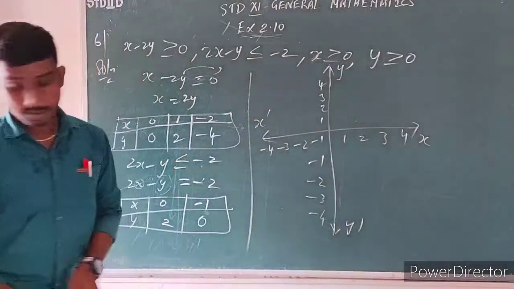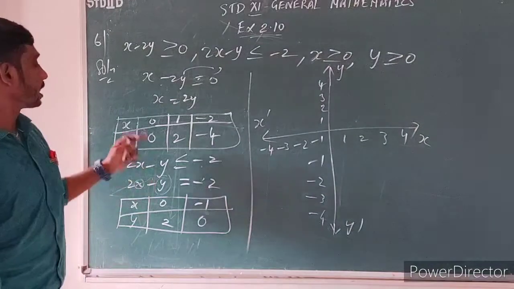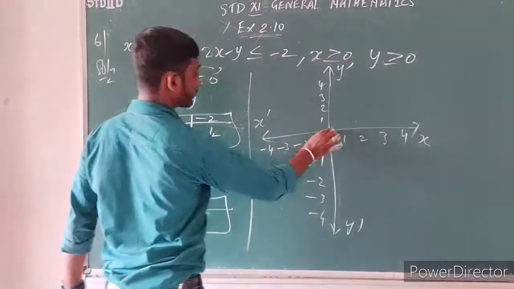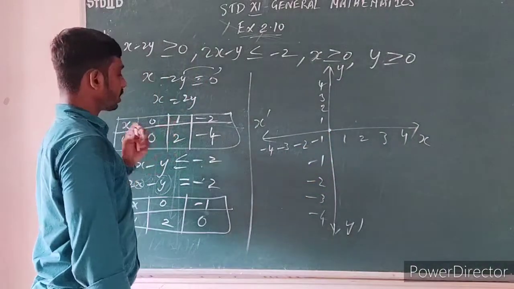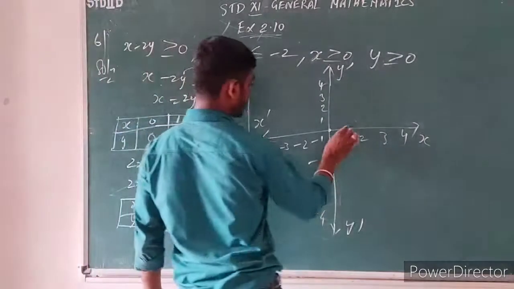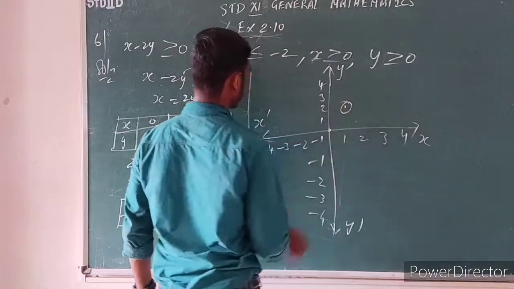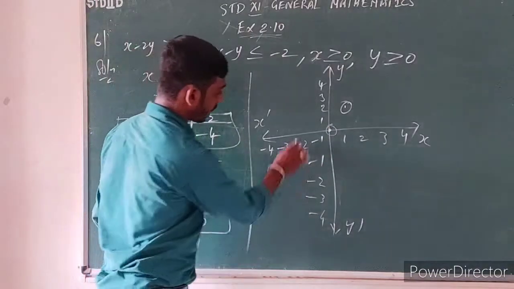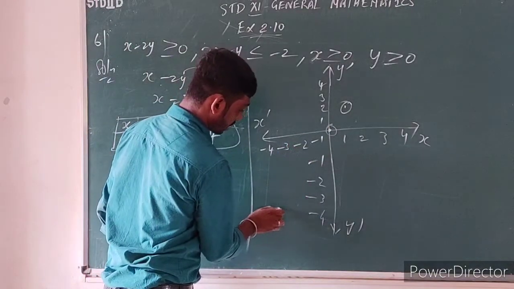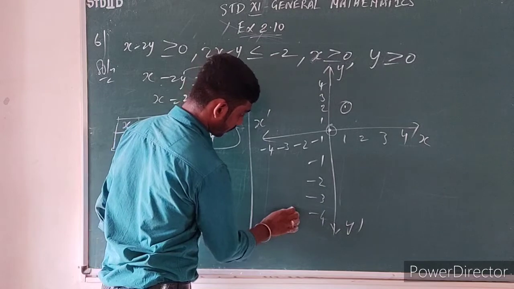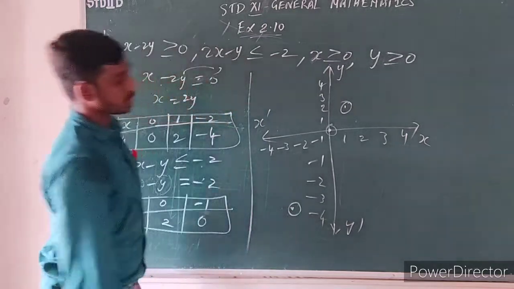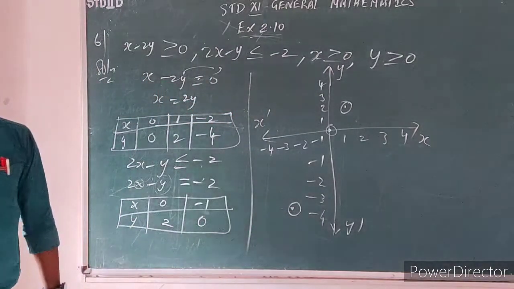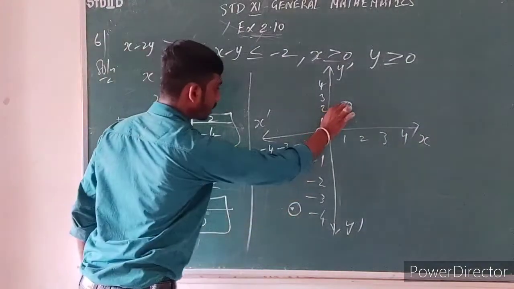What are the points we are getting? 0, 0 is the first point. Then 1, 2: x axis is 1 and here it's 2. Then minus 2, minus 4. You have to first join these.